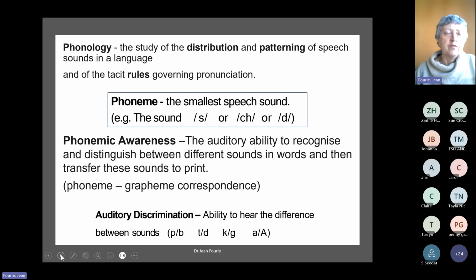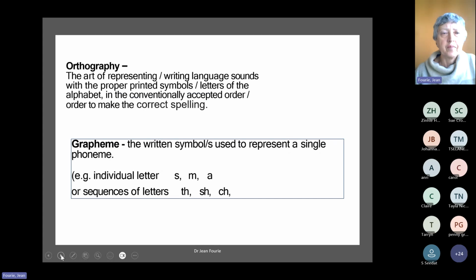These phonemic awareness skills come into play when we are teaching spelling. And so orthography is the art of representing or writing down the sounds of a language in the proper order, using the proper letters of the alphabet in order to get what is called correct or conventional spelling.